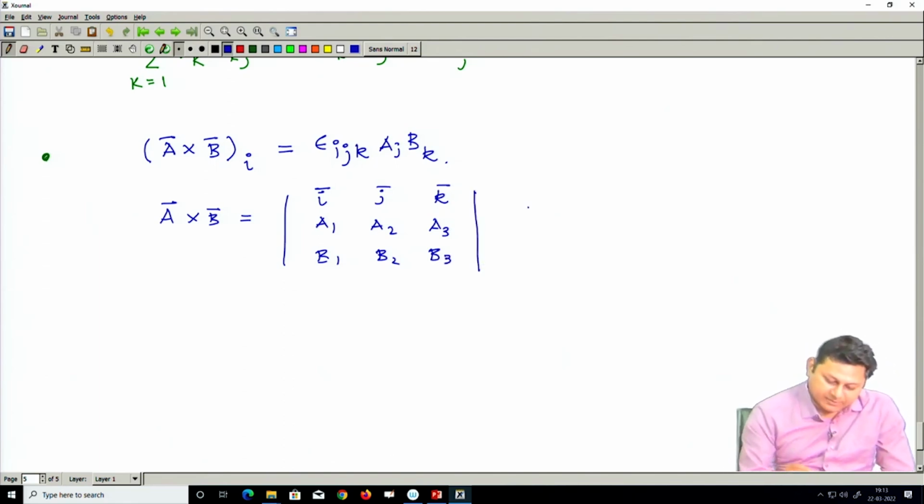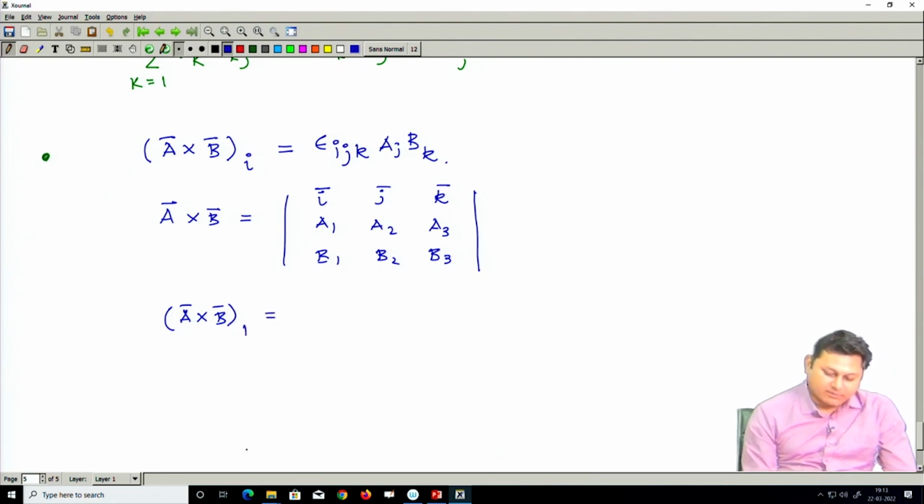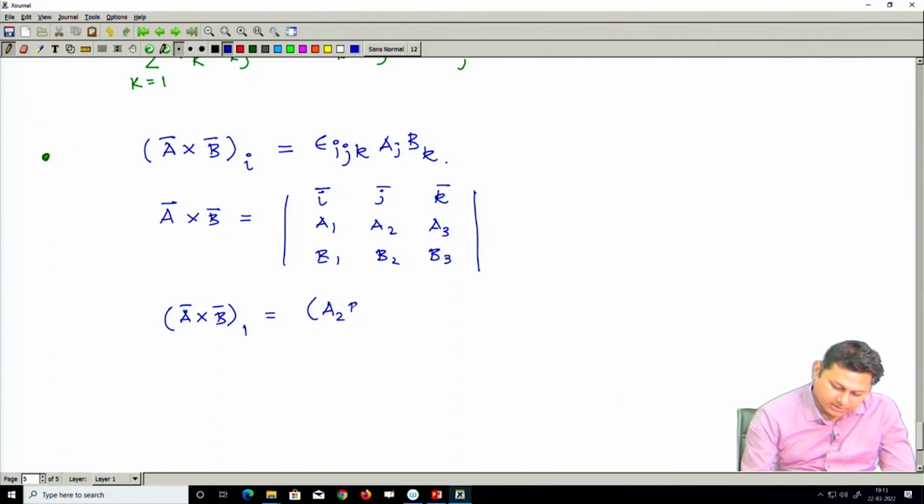If I want to find the component 1, that means the x component, what do we get? You will get A2 B3 minus A3 B2. This is the value we are getting.